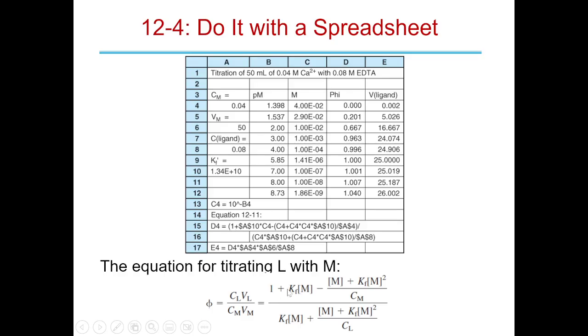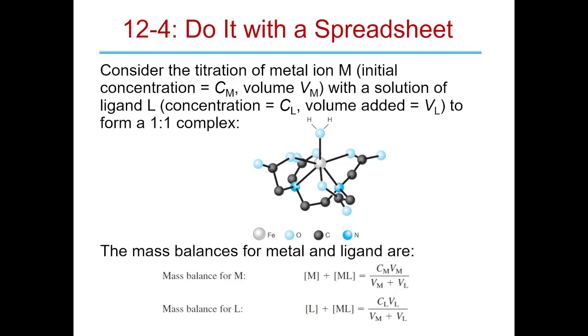It would be the 1 plus the KF. And then E4 right here, that's the volume of ligand. And that's just that calculation for a volume of ligand that we saw.